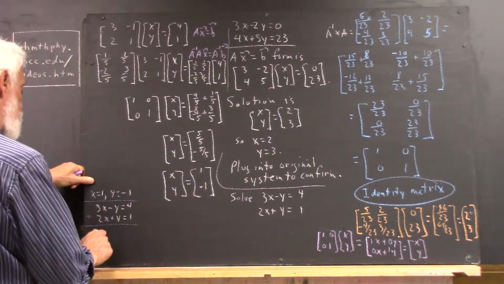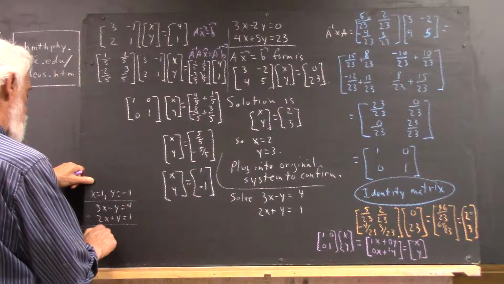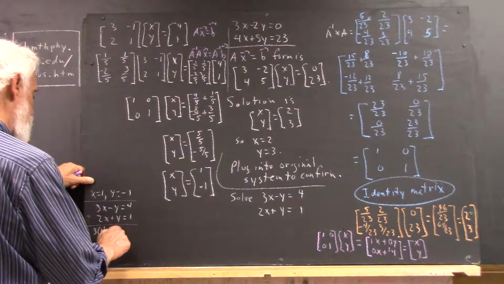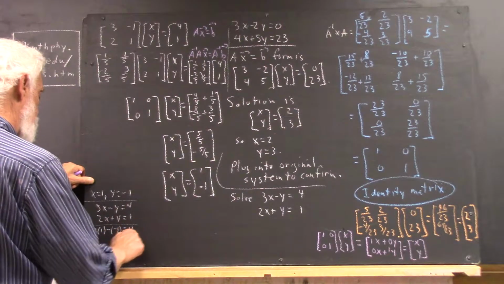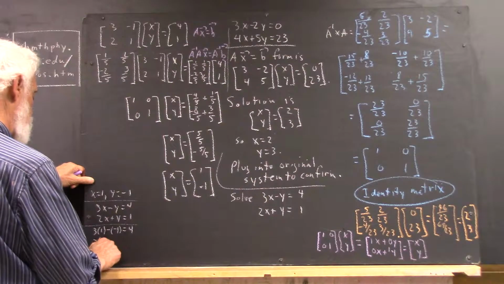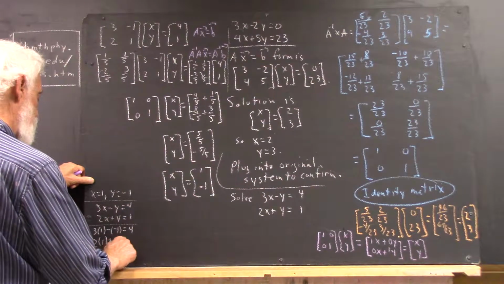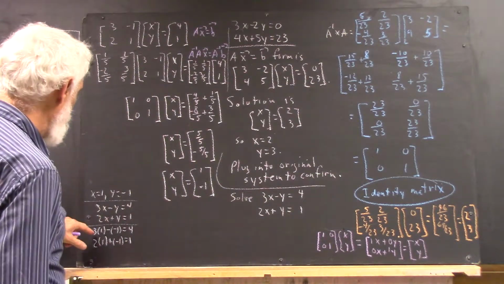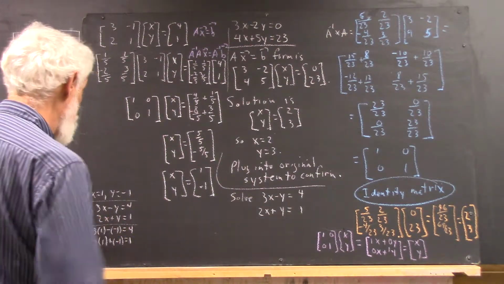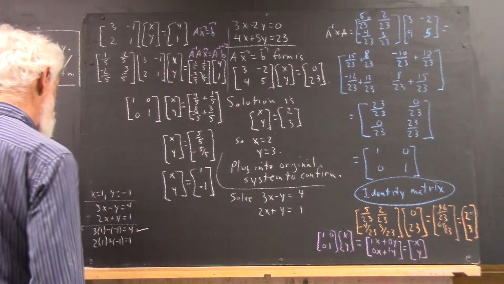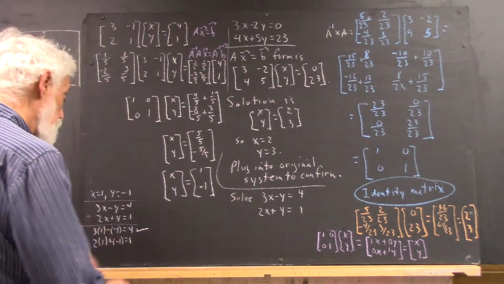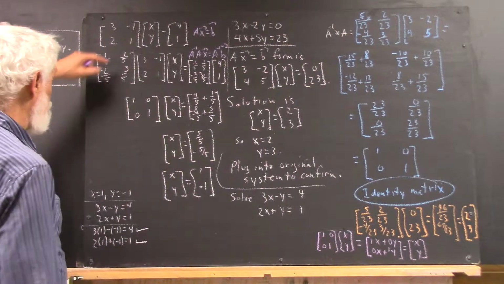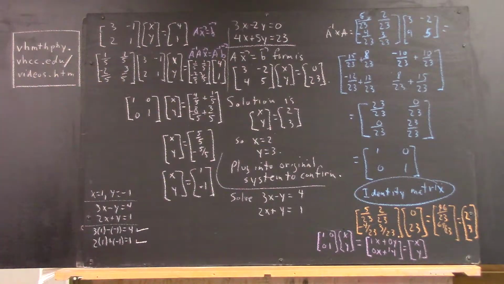Substituting x equals 1, y equals negative 1, we get 3 times 1 minus negative 1 equals 4. We get 2 times 1 plus negative 1 equals 1. Well, that's 3 plus 1 equals 4. Check. 2 minus 1 equals 1. Check. We must have done the inverse correctly.